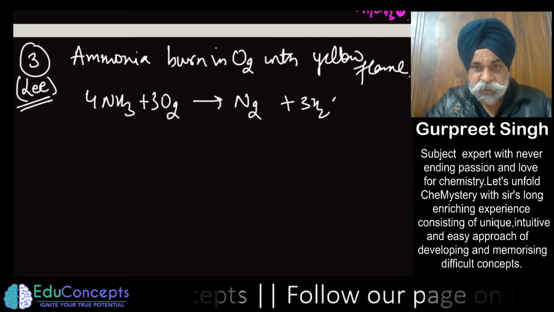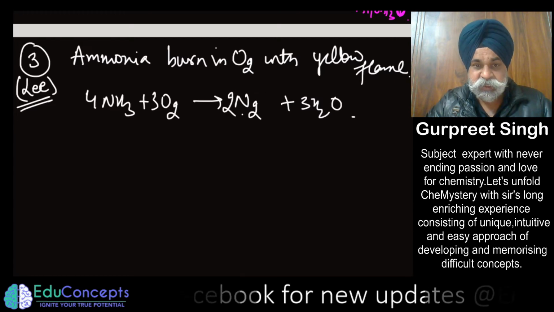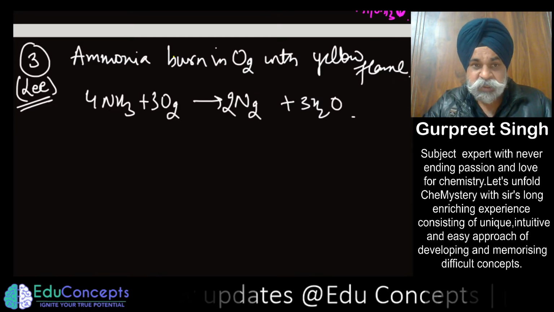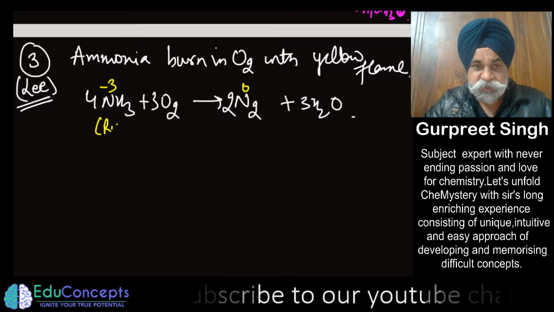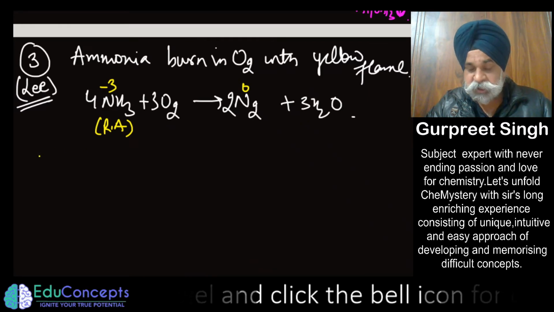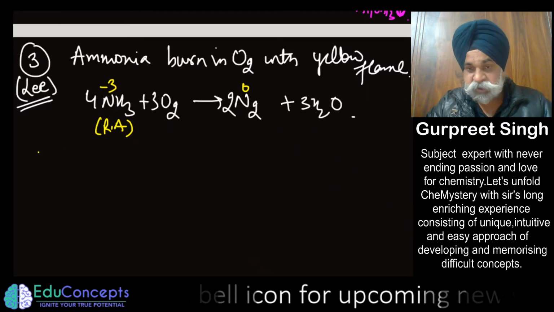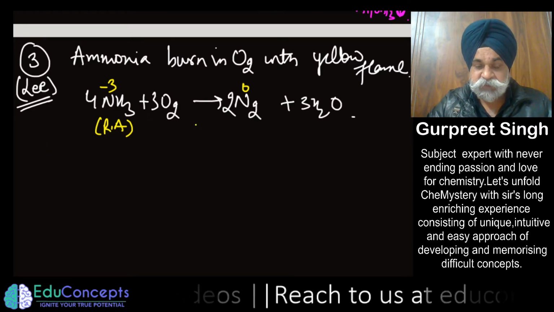What you will be seeing here is that ammonia is going from -3 to 0, so it is acting as a reducing agent. But ammonia as such is not a very strong reducing agent, it's a weak reducing agent, unlike the other hydrides of this family. So this is a very important reaction.